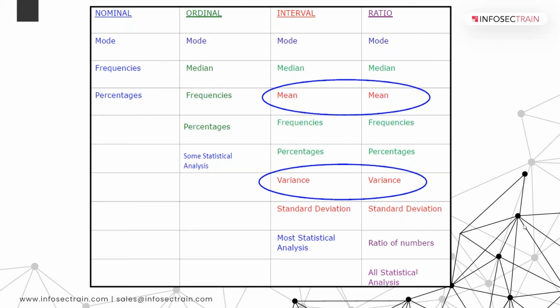We'll see in an upcoming part what variance is in depth, as well as standard deviation. Finally, in the ratio scale we can perform all the statistical analysis. So this is all about levels of measurement, collecting the data and performing different statistical analyses.